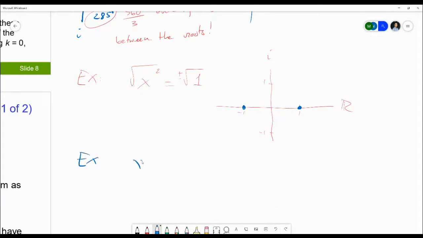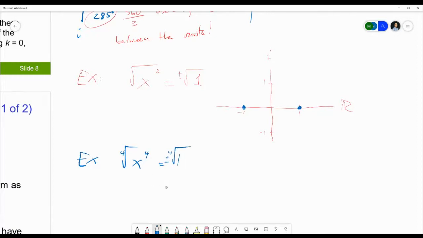Let's look at x to the 4th equals 1. It's also plus minus 1, isn't it? Well, here we're taking the 4th root.